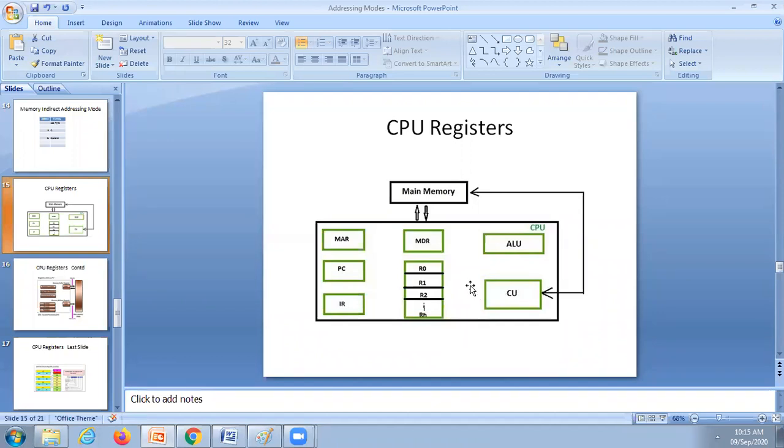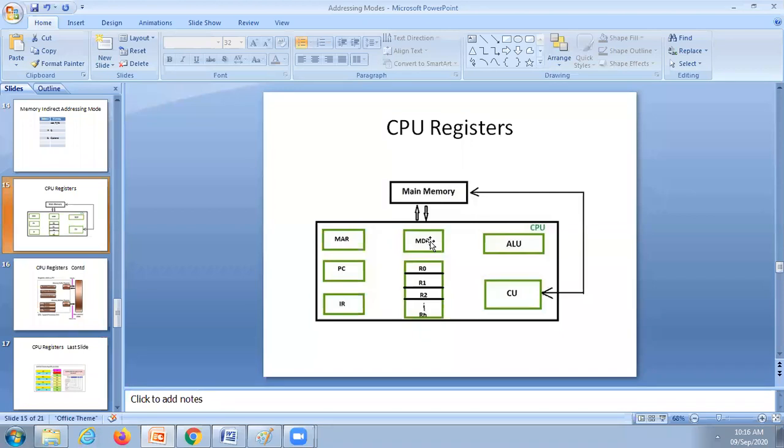Then MAR and MDR, these two are related to the memory interface. Memory is outside the CPU, not inside it. The main memory is outside the CPU. To get data from memory and to send data to memory, we use MAR and MDR.